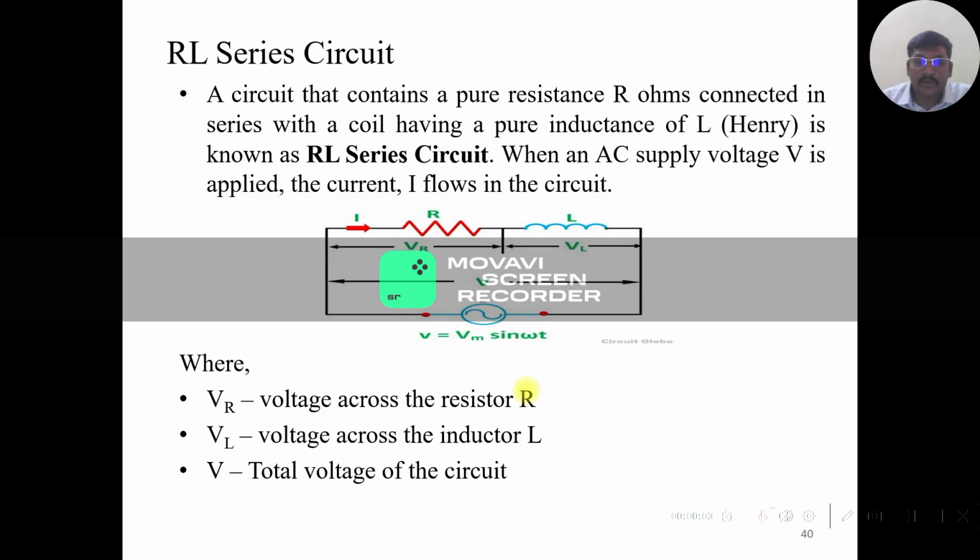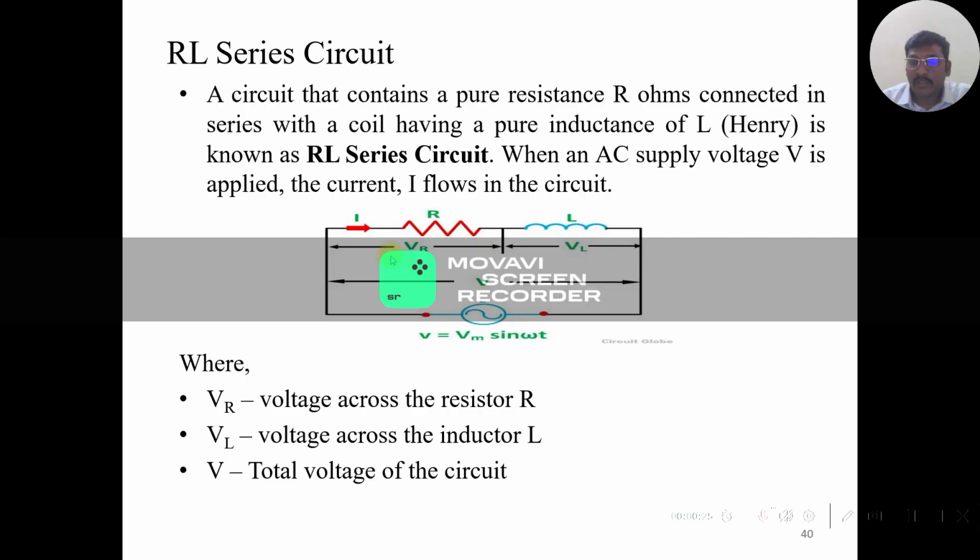So now we are going to see the simulation of RL series circuit. In this circuit, we connected the resistance and inductance in series with each other, and this series combination is connected in series with the AC load.